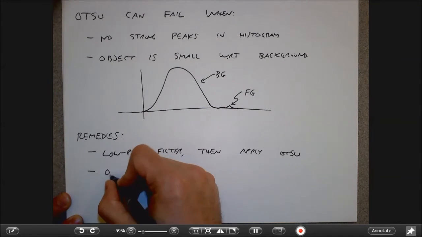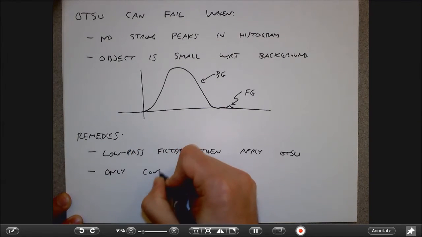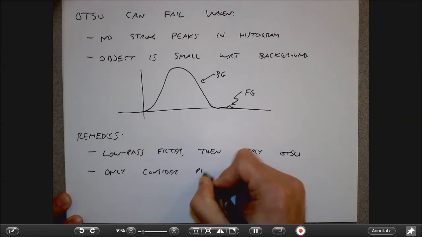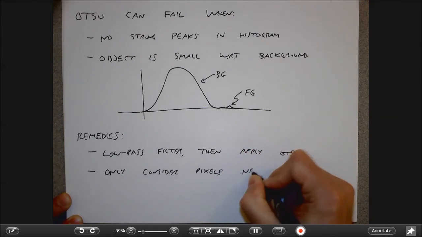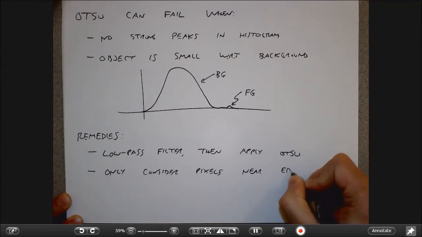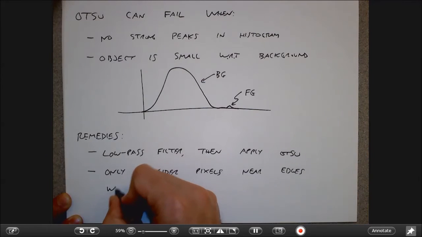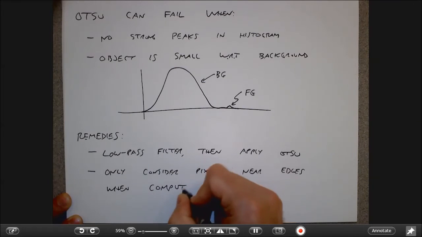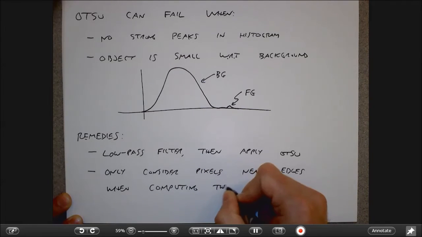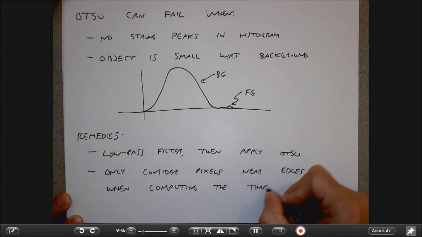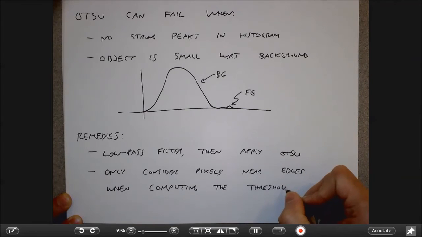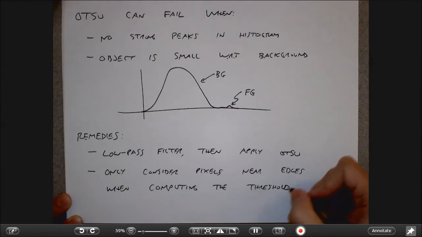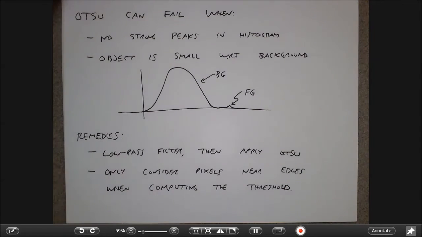The other thing is to only consider pixels near edges when computing the threshold. What I mean there is that, in some sense, what defines the separation between foreground and background?